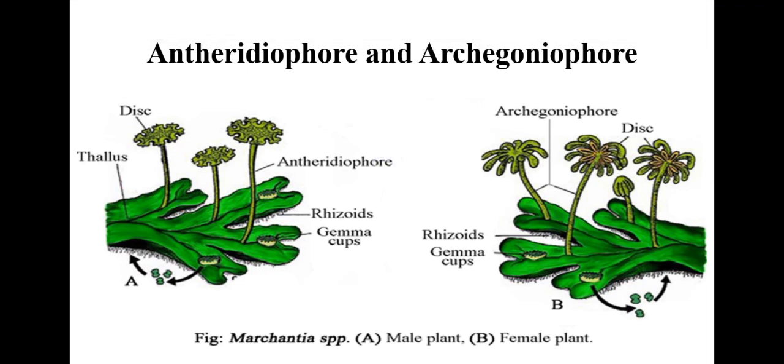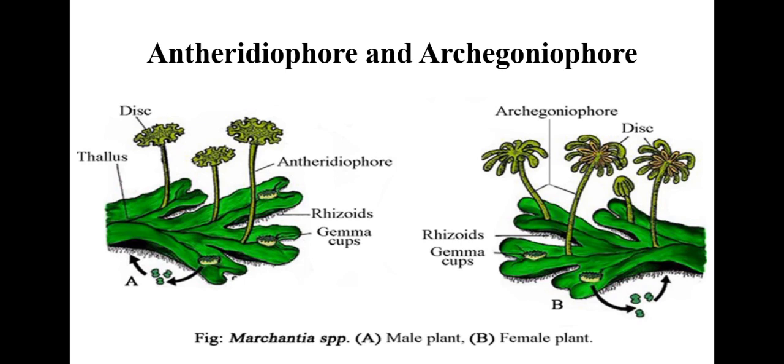Okay, so antheridiophore and archegoniophore. Antheridiophore is the male reproductive organ and archegoniophore is the female reproductive organ. Here you can see in this diagram that the antheridiophore has thallus, disc, rhizoids, and gemma cup, and in the B diagram you can see the gemma cups, rhizoids, archegoniophores, and disc.